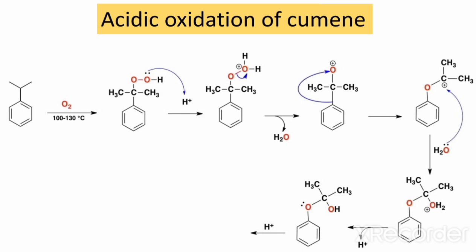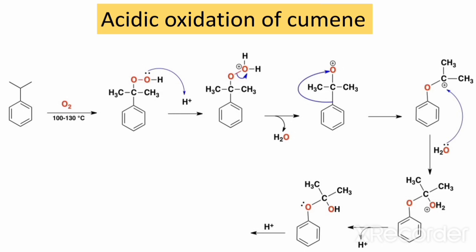This oxygen has lone pairs of electrons that will further react and attach a hydrogen proton, and this proton will gain the electrons from the oxygen atom and form a bond.